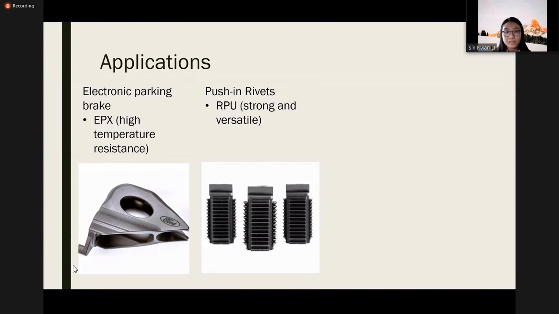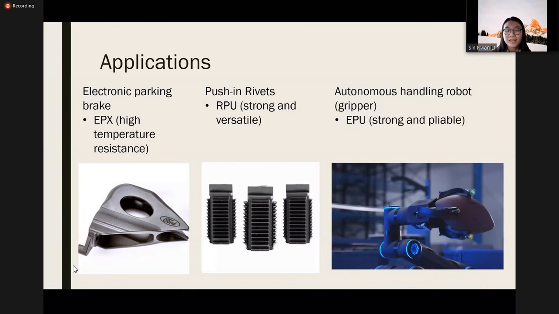Rigid polyurethane is a strong and versatile material, so it can be used for making push-in reflectors, that type of end-use products. This is an autonomous handling robot, which is designed to pick up things like humans do. The gripper part has to be strong and pliable at the same time. Elastomeric polyurethane is a suitable material for printing out the gripper part.